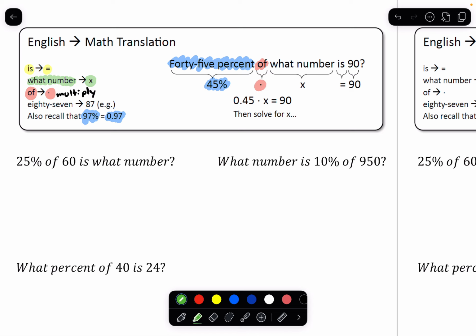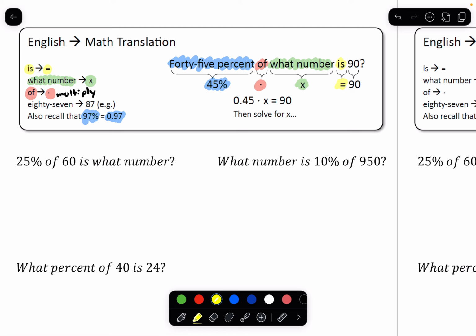When you see what number, earlier we said that means you don't know the number, so you put an X in that spot. Anytime you see the word is, you should be thinking equal sign. And when you see the word 90, you put 90.